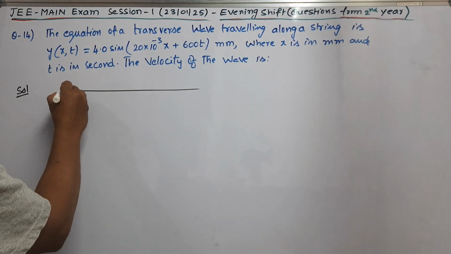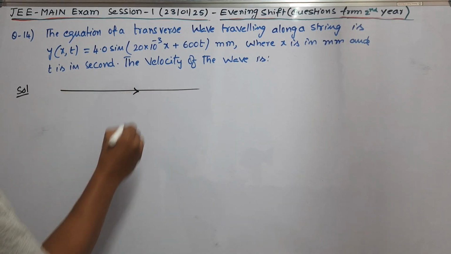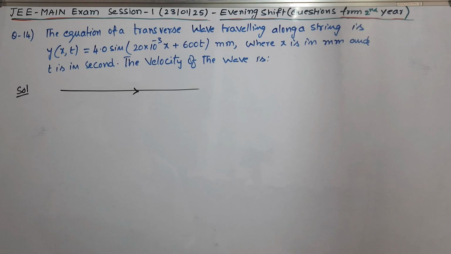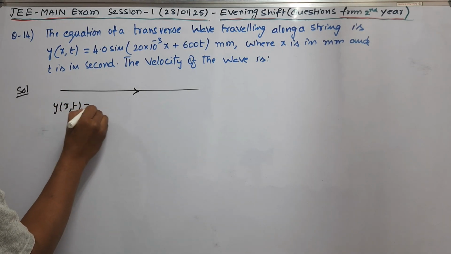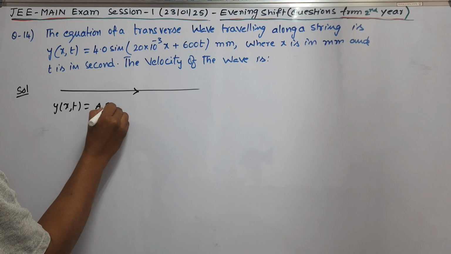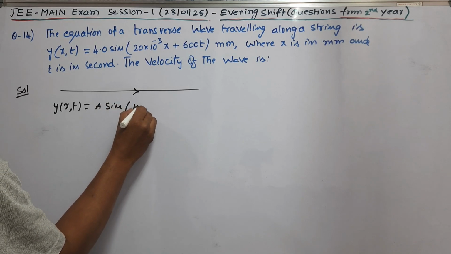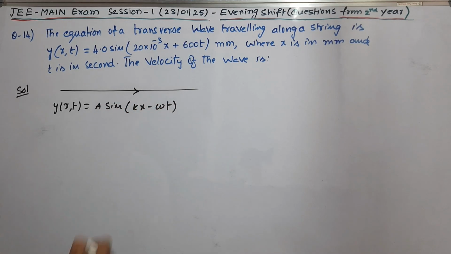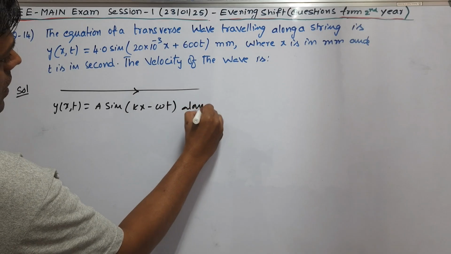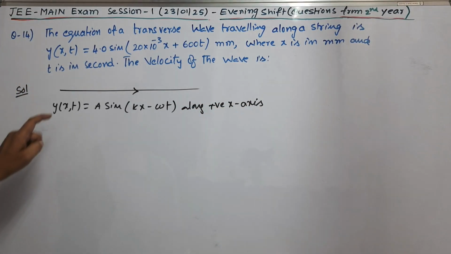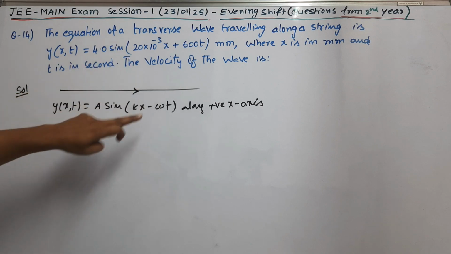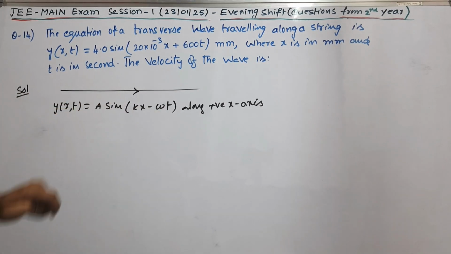Along this string a progressive transverse wave is propagating, which is represented by an equation y of x comma t is equal to A sine (kx minus omega t) along the positive x axis. This is the equation of a transverse wave propagating along the positive x axis.